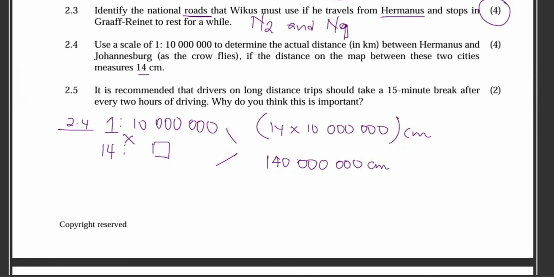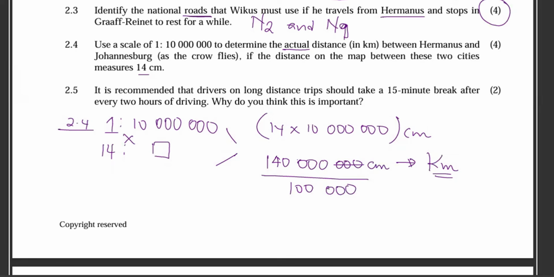These are centimeters, but we want these to become kilometers. Why do you want it to be kilometers? Because they're asking to determine the actual distance. So what do we do? We shall divide by, now centimeters to kilometers, we divide by 100,000.